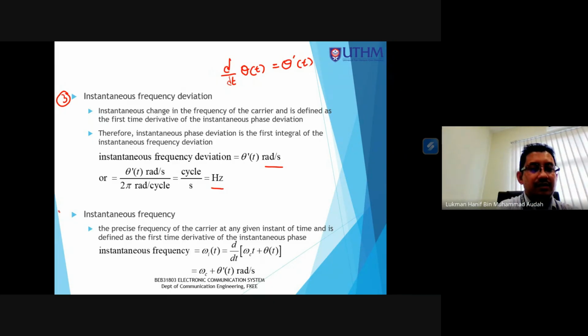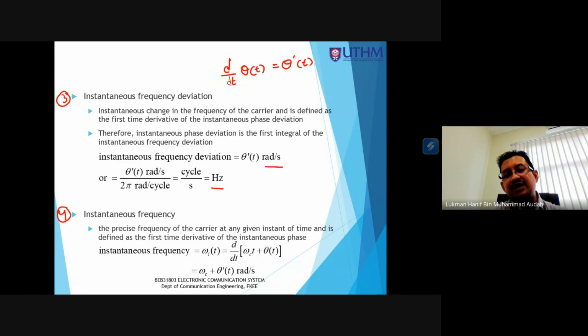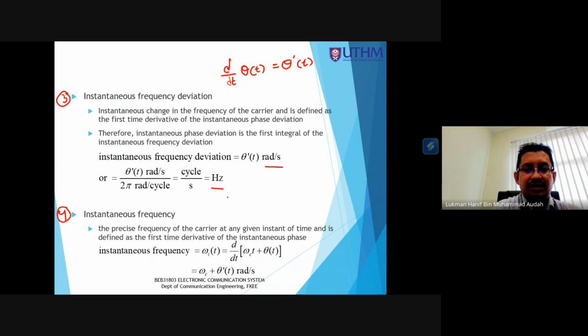Then number 4, instantaneous frequency is the precise value of the carrier frequency at a specific time based on the input variation. So that means d/dt of 2 pi fc t plus theta(t) would be the instantaneous frequency.